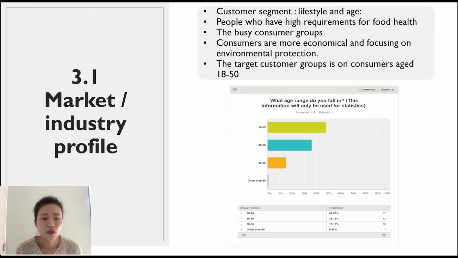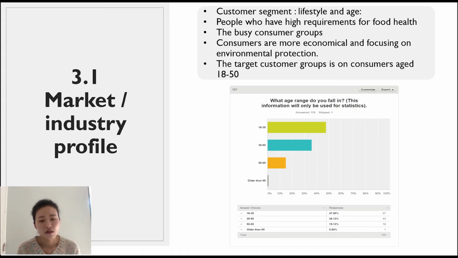For example, people tend to buy fruits, vegetables, and dairy products. This kind of food is perishable and needs more reminders. Secondly, the busy consumer group, for example housewives, for whom remembering the expiration date of food is challenging. Thirdly, people whose lives are more economical and focused on environmental protection.